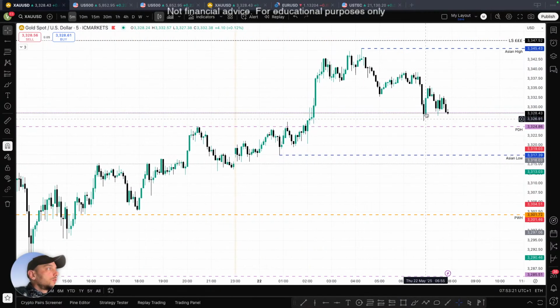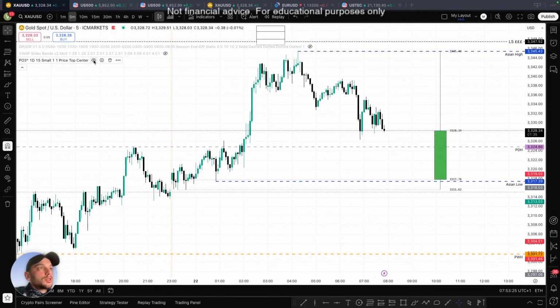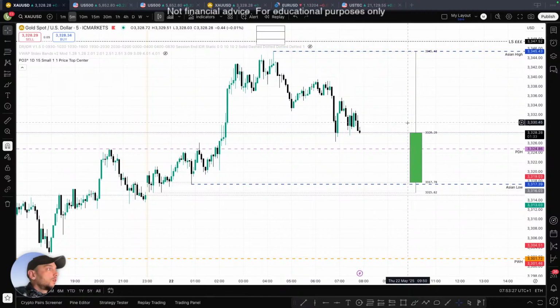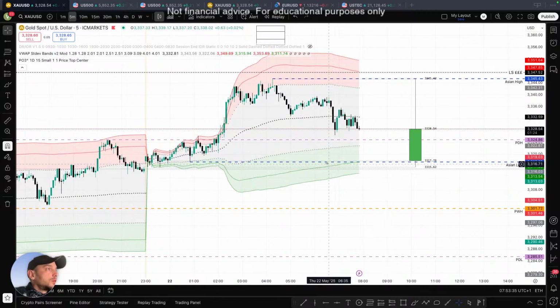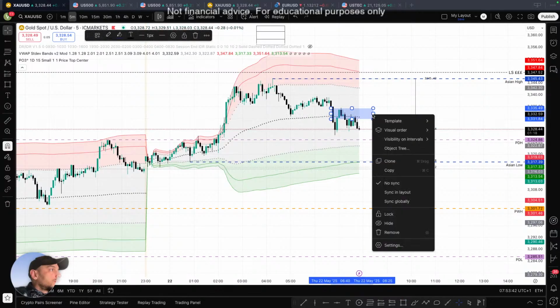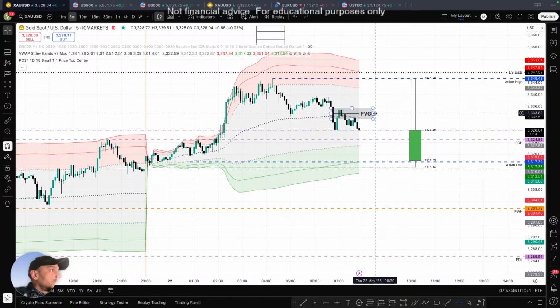Now the structure, it doesn't look very bullish. This daily candle, on VWAP, we're going just below. There is this fair value gap here on 5 minutes.